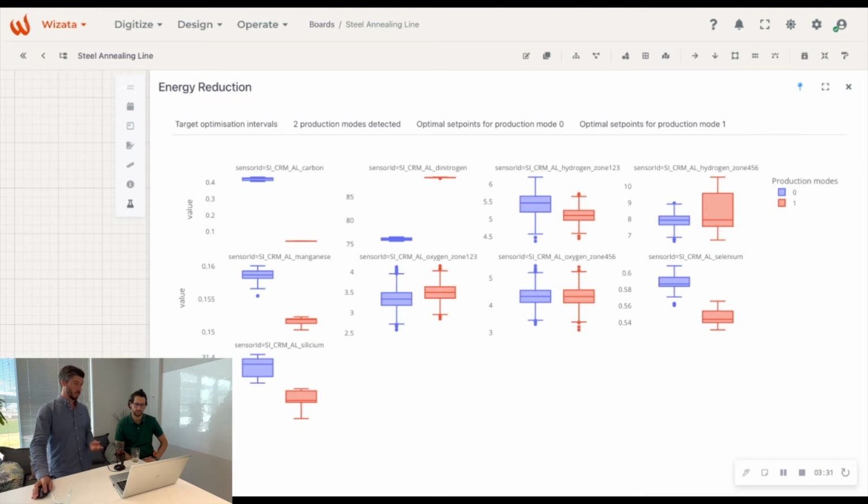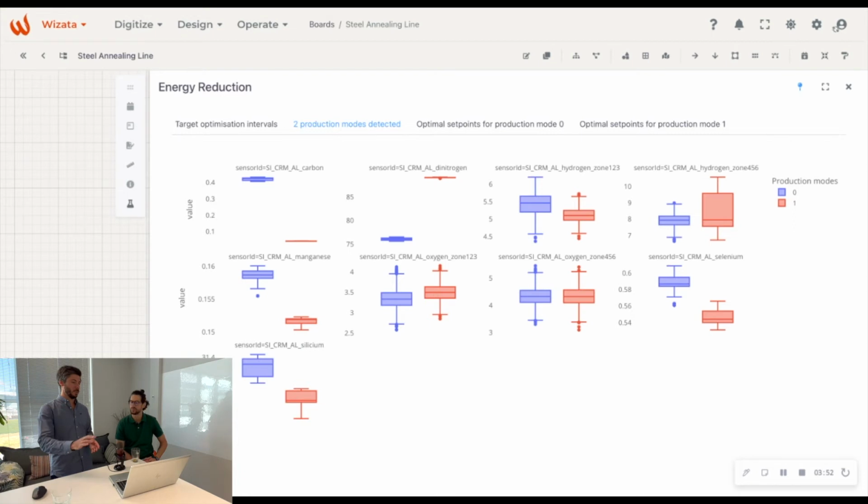Here you will see that the algorithm detected two production modes based on the grade of steel that was produced. One is high carbon steel, one is low carbon steel. You have other variations in chemical compositions, and also some slight variations in the gas atmosphere.